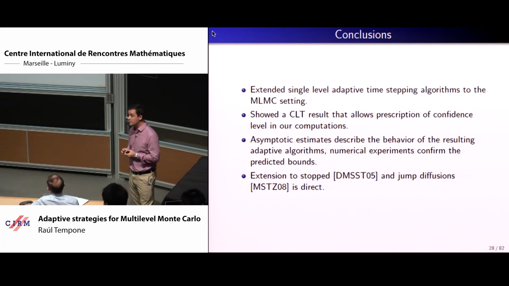The message is that it is better in the context of multi-level to use an analysis that will go towards the L2 error, if possible. Drive the analysis of the construction of the levels according to that. Of course, you need the bias error to control the number of levels you're going to use, but at least the distribution of the shape of the meshes should be done according to the strong error.